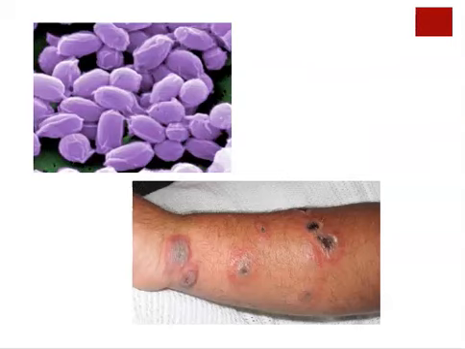This last slide I put in just to show one of these pathogenic spore formers. This is an image up at the top taken with a scanning electron microscope. These are anthrax spores. Anthrax spores are problematic not just for humans, but also for other types of animals, especially farm animals, large animals that are out in the environment. Down at the bottom here, you're looking at a person's arm.